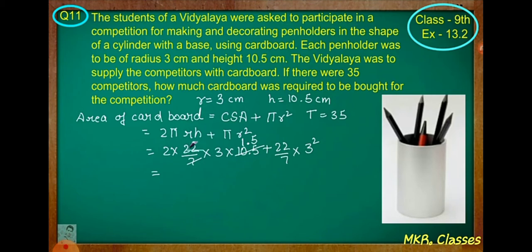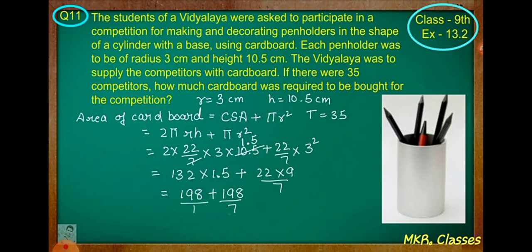After solving it, 2 into 22, that is 44, and 44 into 3 is 132 into 1.5, and here 3 square is 22 into 9 upon 7. So when we take the LCM, 132 into 1.5 gives 198, plus 22 into 9, that is 198 again, upon 7.